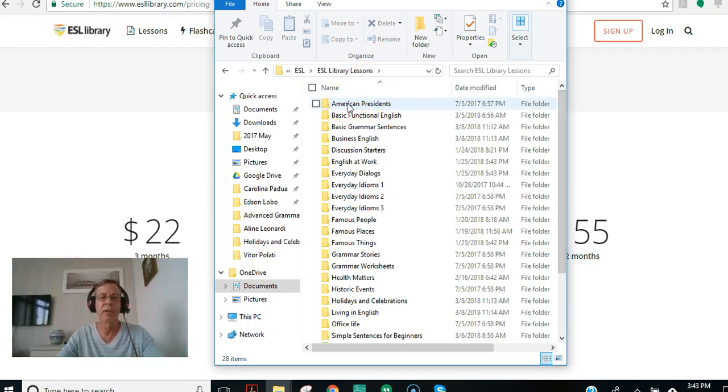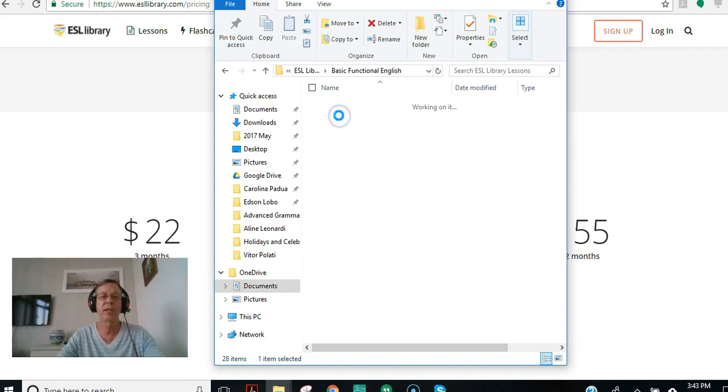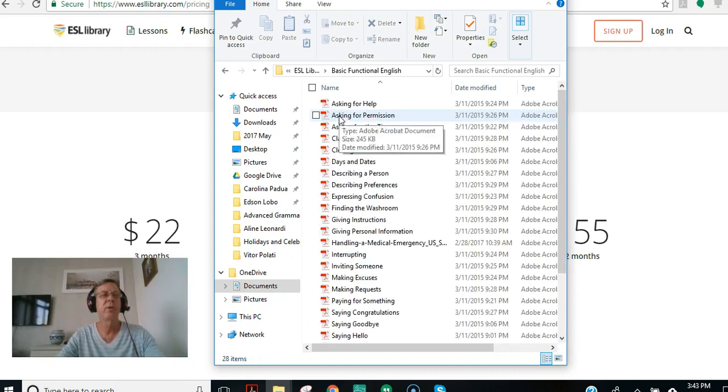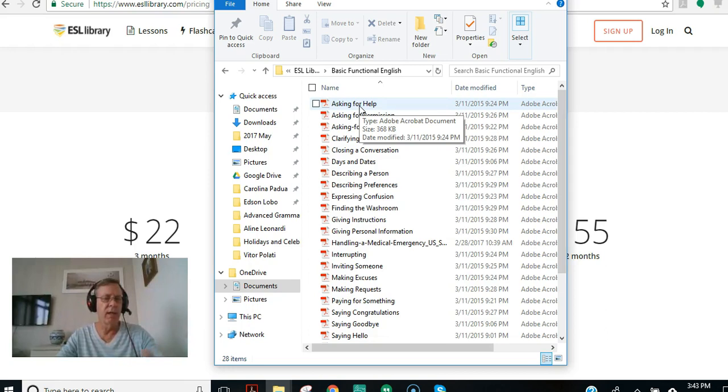You can see here, or maybe you can't, so I'll read. American Presidents, Basic Functional English. As I said, ESL Library has lots of materials for students who are a little bit lower level. So these would be largely dialogues. That's one of the things I like about their materials. There are lots of dialogues.